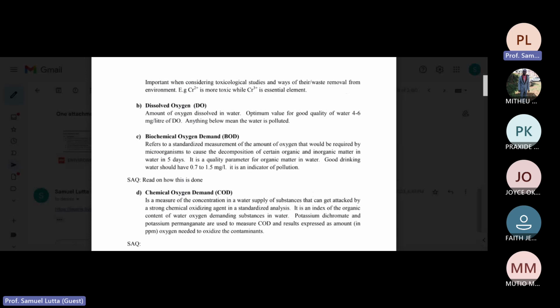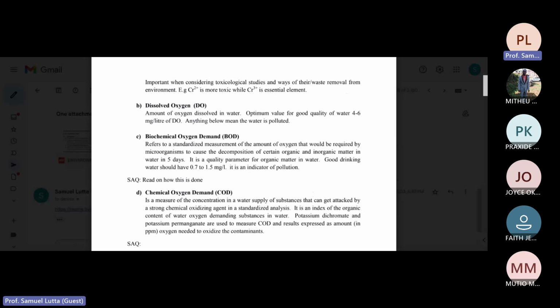Now for biochemical oxygen demand, this is the amount of oxygen that is required by microorganisms to break down chemicals in the water. So these microorganisms need oxygen. So the amount of oxygen needed by these microorganisms is what we call biochemical oxygen demand. And this is the amount of oxygen that is needed by these microorganisms to break down the chemicals.